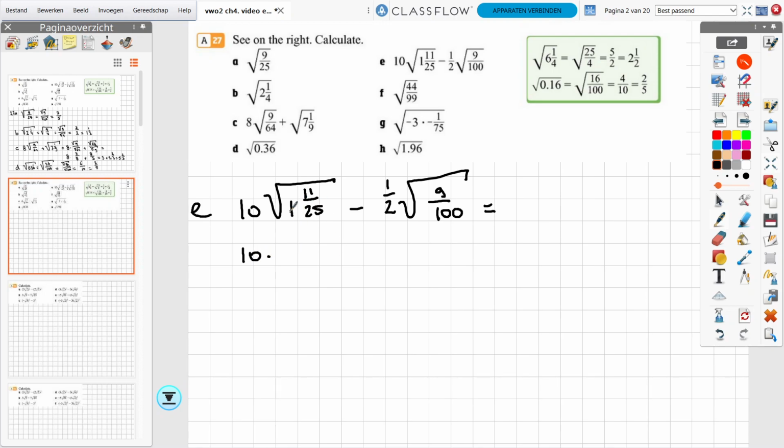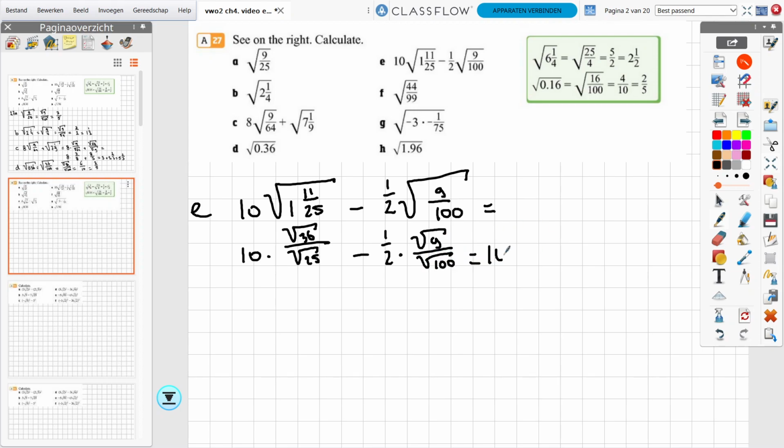10 times 1 is the same as 25 over 25 plus 11. So I have 36 over 25 minus a half times root 9 over root 100.